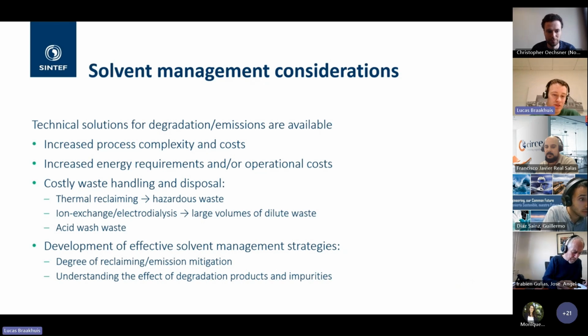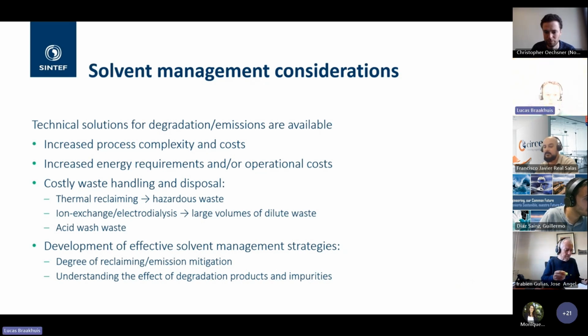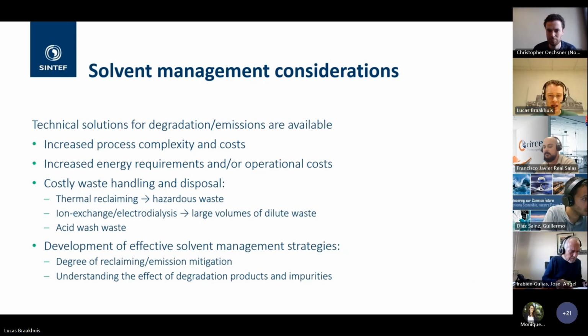It's also important to note that waste handling and disposal of these degradation products and impurities can be quite costly. For example, for thermal reclaiming, you would produce a hazardous waste, which is quite costly to handle and dispose of.